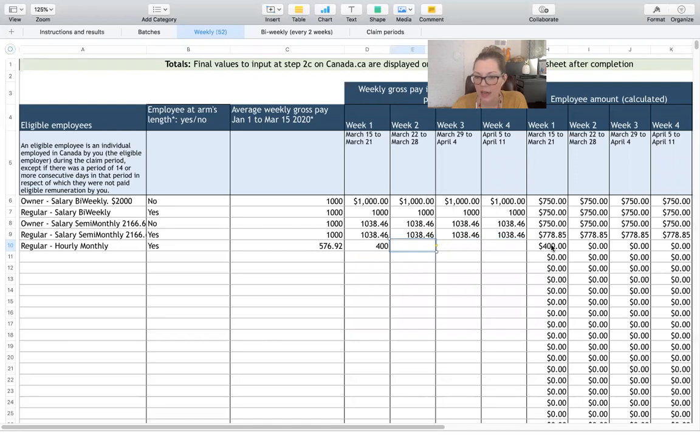So I'm not going to do the rest of that because I think you've probably figured out what I'm getting at. And then in this case, this person's subsidy is actually equal to the full amount that they're receiving because they're arm's length and because they used to get paid more and now they're getting paid less.